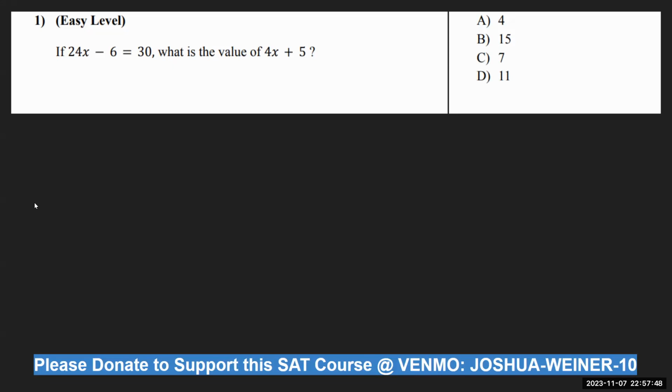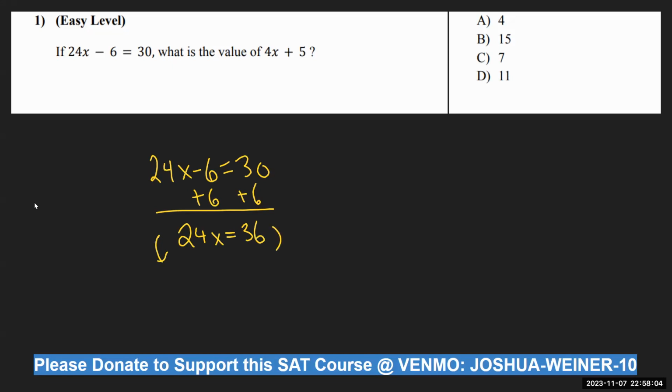Well, what we have here is 24x minus 6 equals 30. So I'll add 6 to both sides. Then 24x equals 36. Dividing by 2 on both sides, we have 12x equals 18. I'll divide by 3. We get 4x equals 6.